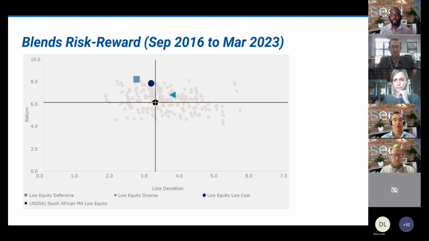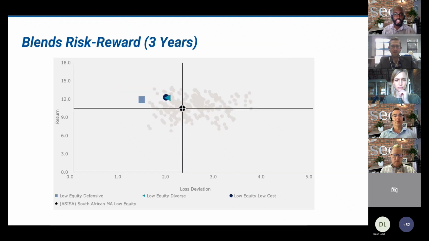But then the low cost one has also delivered exceptional returns with less volatility than your average of the peers. If we look at it over the last 3 years on my next chart, then you can also see that all of the 3 blends have delivered better than average returns and also at lower volatility than your average fund.